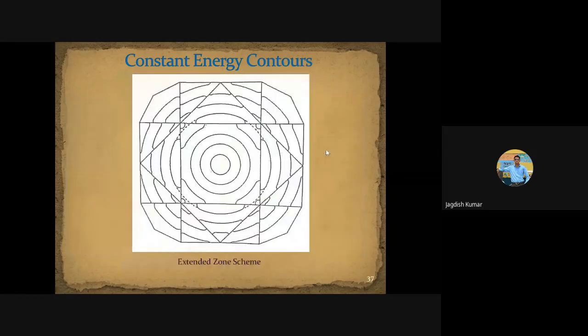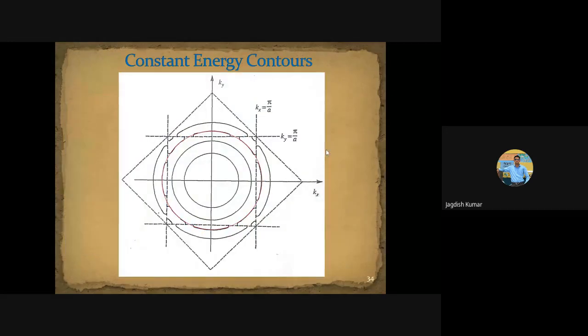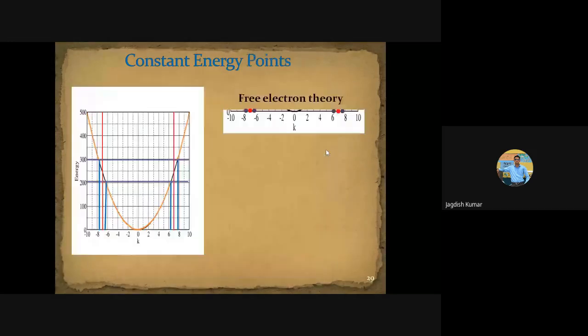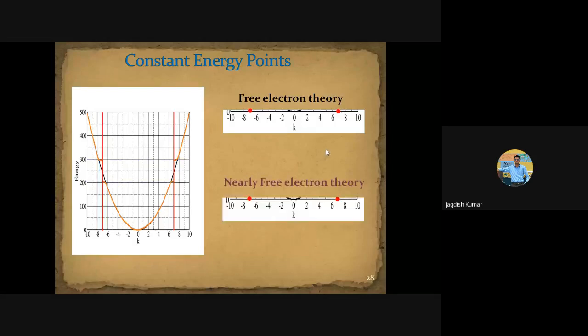But yes, for today, what I wanted you to understand is Brillouin zone folding, how higher zones can be folded back, or how the energy states in higher zones can be folded back to the first Brillouin zone. Is this clear, or is there any query on this? Yes, please.